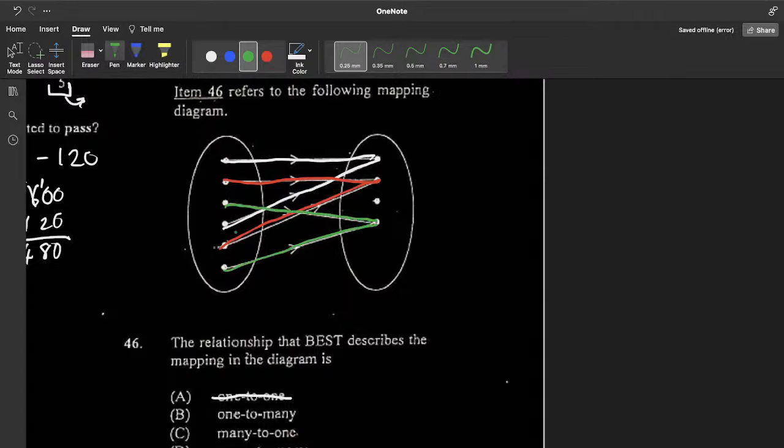So once you have more than one on this side going to one over here, what we're saying is this here represents a many, and this red here also represents many going to one. So overall, this is a many to one situation.